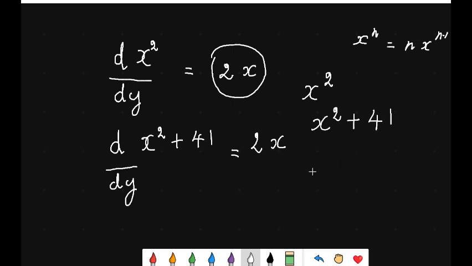So the only thing that bothers us is that 41. You know, x squared plus, it could be 51, it could be 101, it could be 4.56, it doesn't matter. Whatever the constant is, the derivative is 2x.